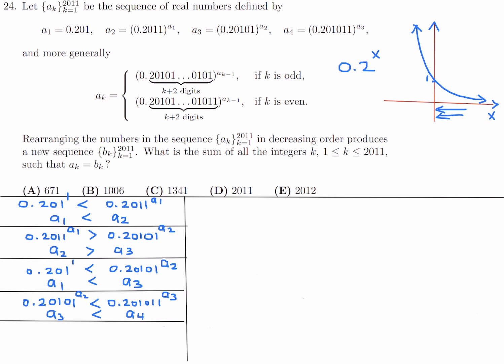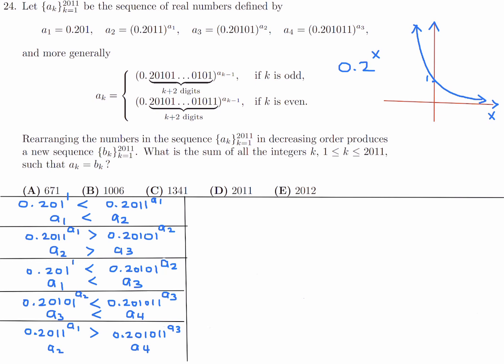And then one final comparison, A2 and A4. A2 is 0.2011 to the power of A1, and A4 is 0.201011 to the power of A3. Well, let's look at the bases. This base is bigger, so I'll put a greater than.